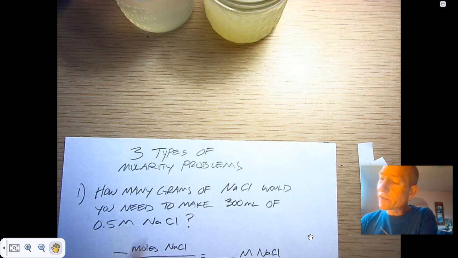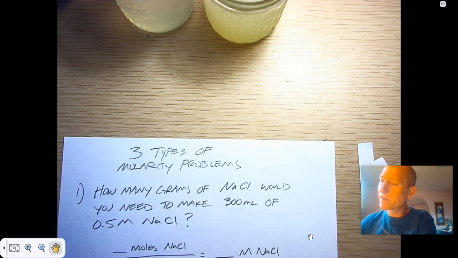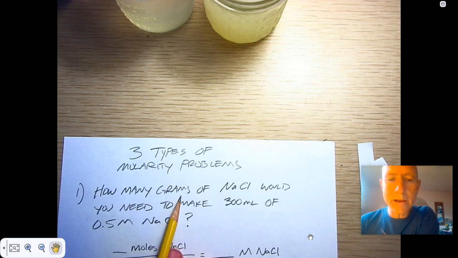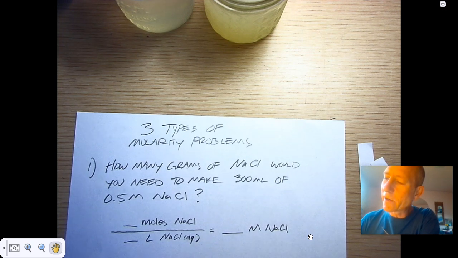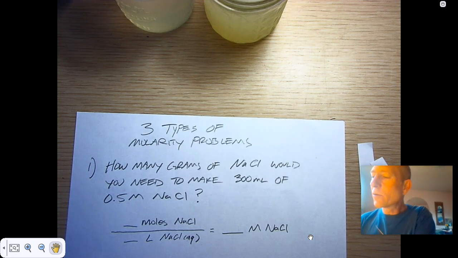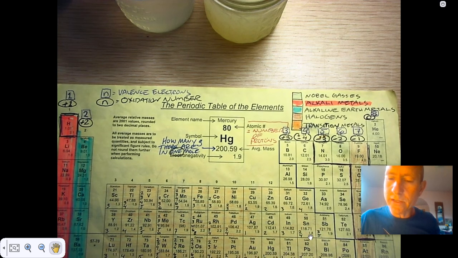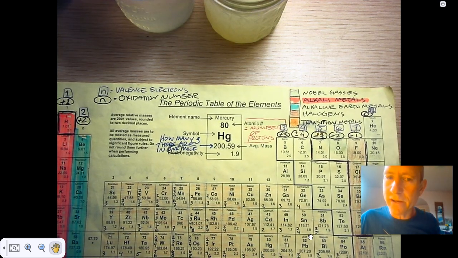So once again, you're going to know two of these numbers and have to solve for the third one. It looks like we're going to have to solve for how many grams. And you'll notice here that there's no grams anywhere in there. Well, grams, we can use the periodic table, which we did earlier in the week, to translate between grams and moles.